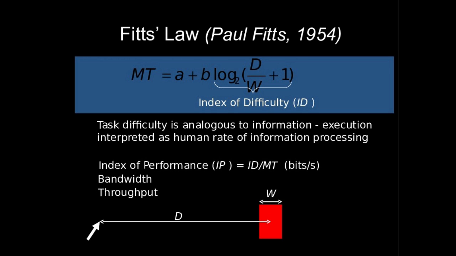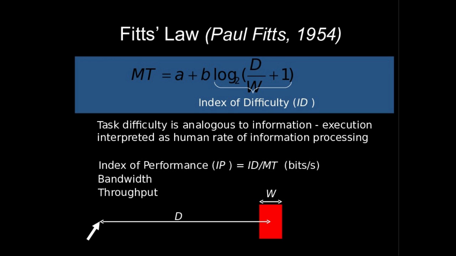It is a linear equation with a slope b and intercept a. MT is the movement time, and D and W are represented in a logarithmic expression, log of D by W plus 1, also known as the index of difficulty.